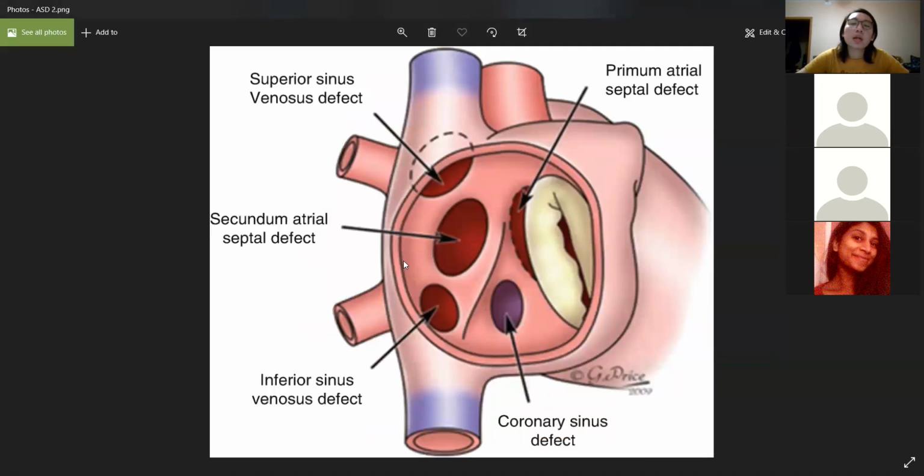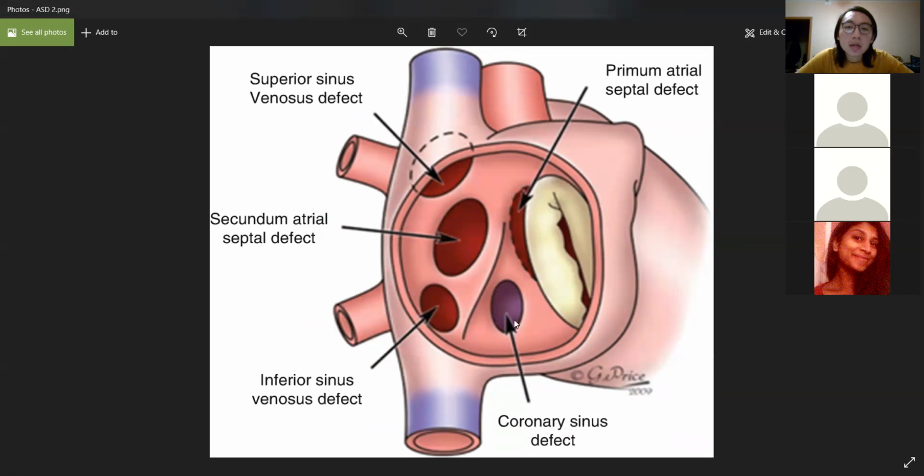Again, let me illustrate the first four. You see over here, your primum. This is the atrioventricular valve, yeah? Do you see that some part of it is in your atrium and some part of it is in the ventricle? This is what I meant just now. Secundum, inferior vena cava, superior vena cava.